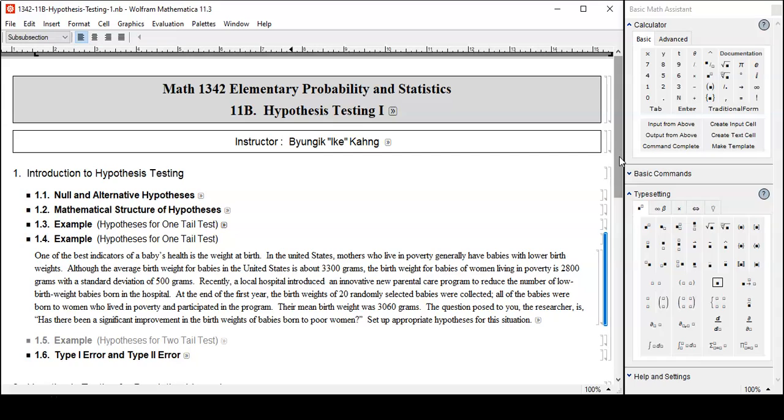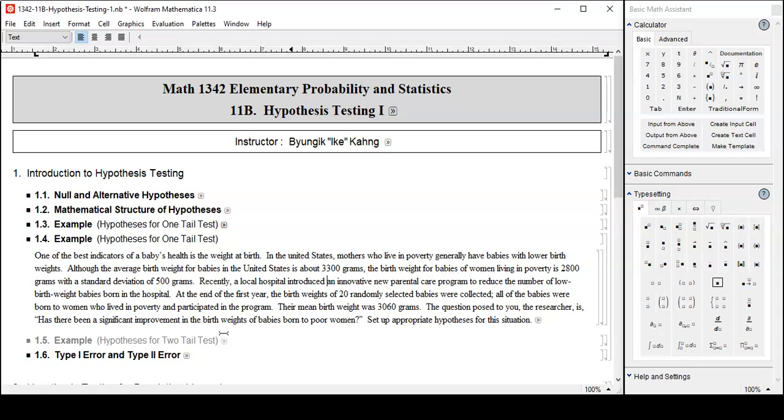So what do we have here? We have mean birth weight of babies born in the United States, 3,300 grams, and then mean birth weight for women living in poverty, 2,800. And then a local hospital introduced an innovative new parental care program, and we got 3,060 grams.